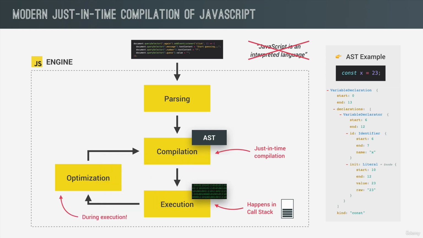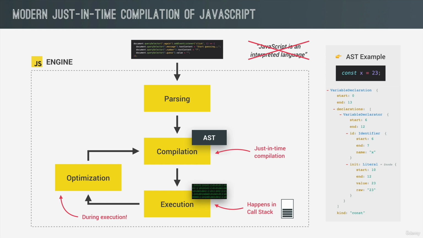And this can be done multiple times, and after each optimization, the unoptimized code is simply swapped for the new, more optimized code without ever stopping execution, of course. And this process is what makes modern engines, such as V8, so fast.